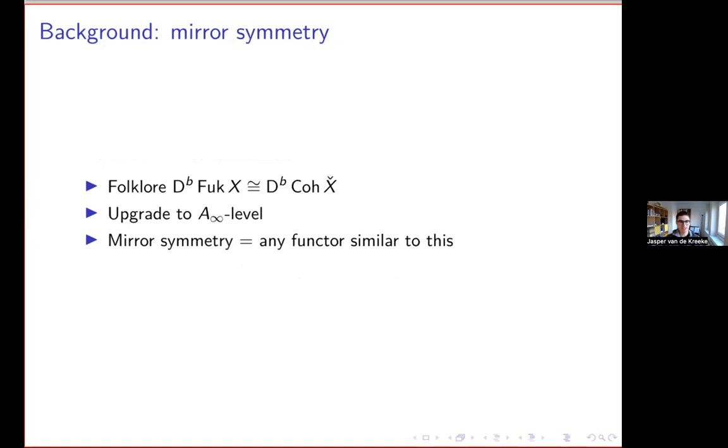Why do I go into Fukaya categories? Because I want to do some mirror symmetry. Well, I've been instructed for this talk to spare you the symplectic side a lot.